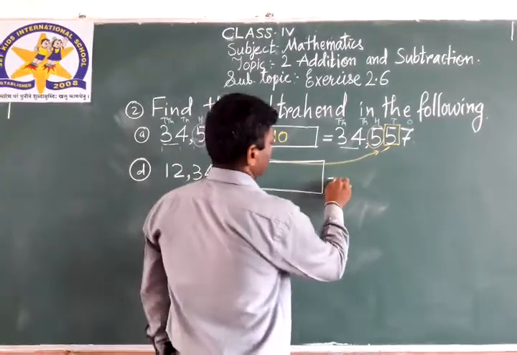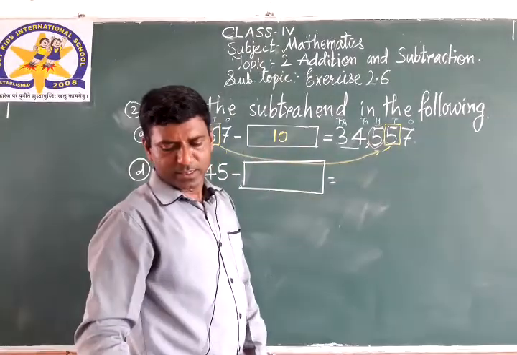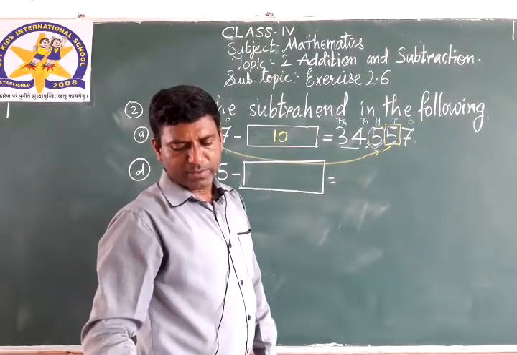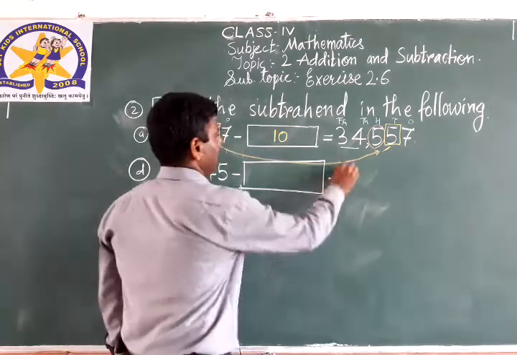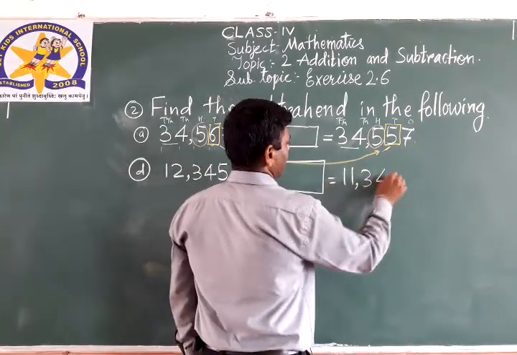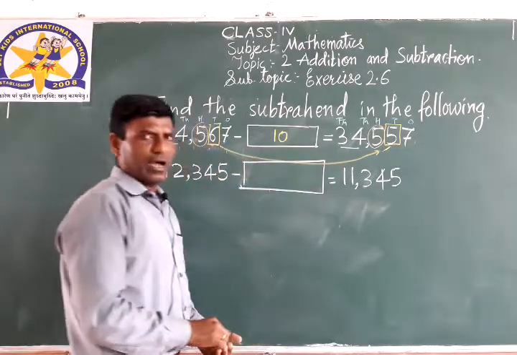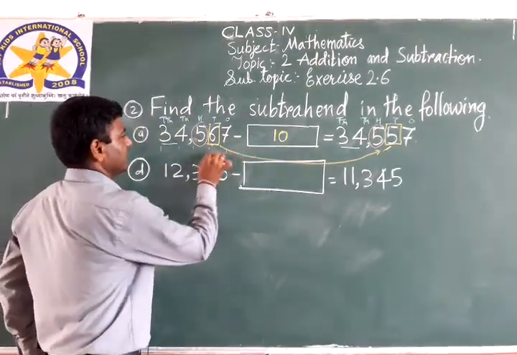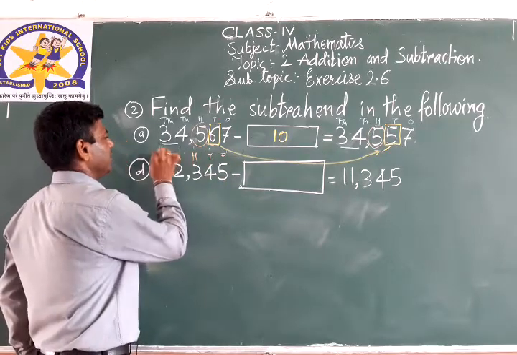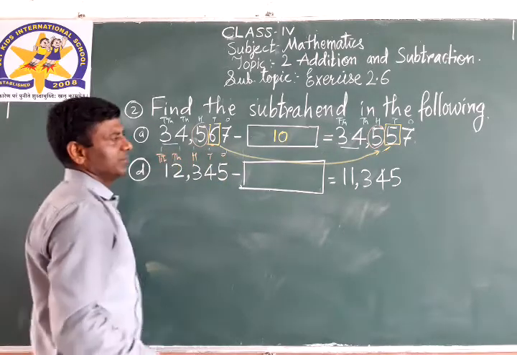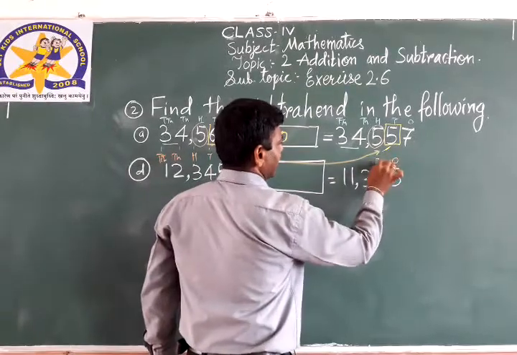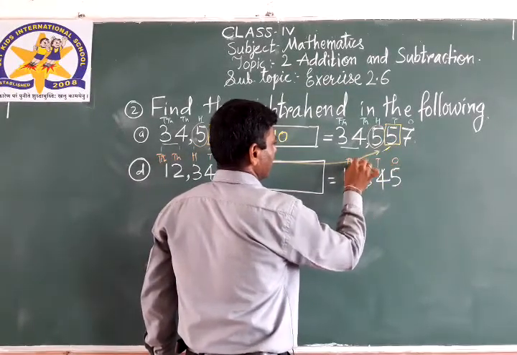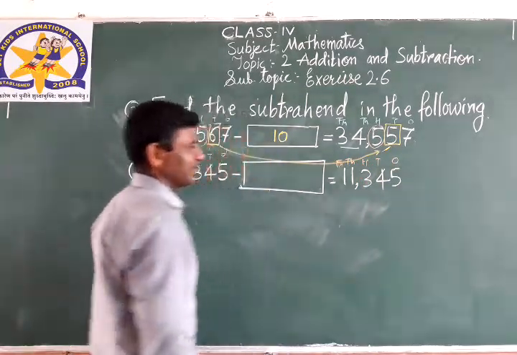Subtrahend, and the difference is 11,345. Now we will solve this orally. Focus. Ones place, tens place, 100 place, 1000 place, 10,000 place.